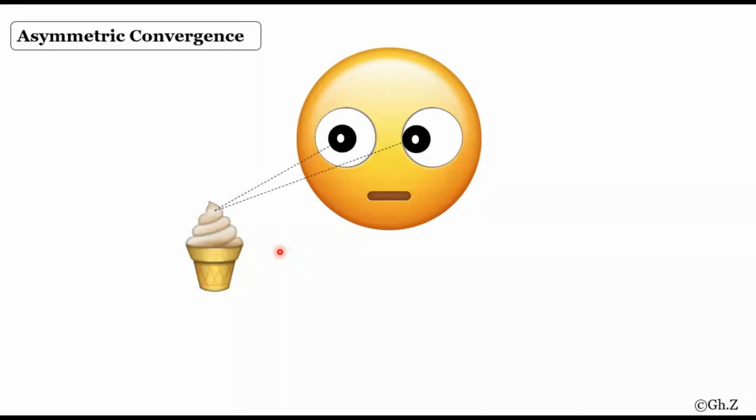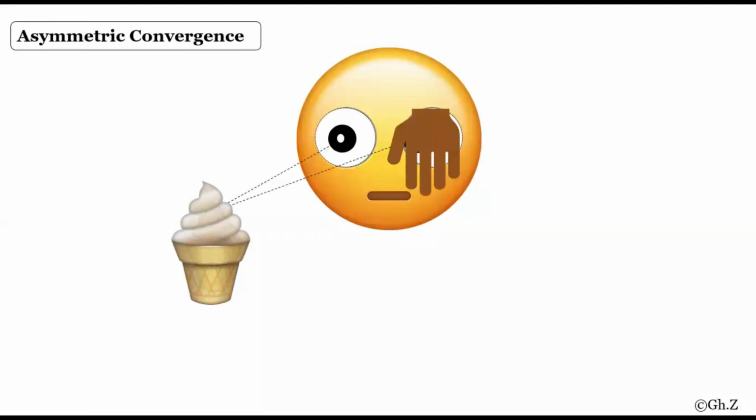To experience this aniseikonia, here is a kind of experiment. Imagine you are holding a pen on the right side. Cover your left eye and observe this pen. It will look bigger.